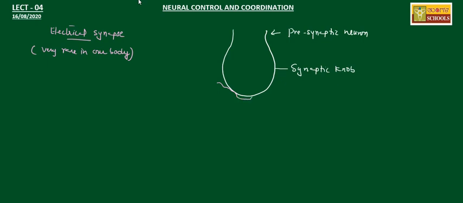You can see the postsynaptic neuron is in very close contact with the presynaptic neuron membrane. This is how you will see it. And the synaptic cleft is absent in this case.